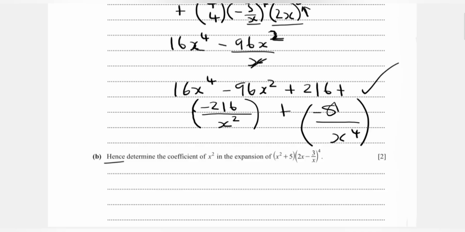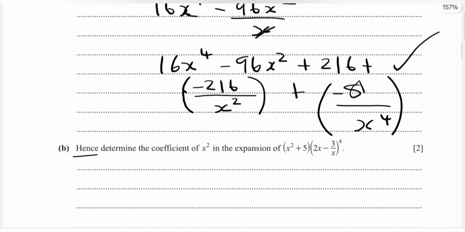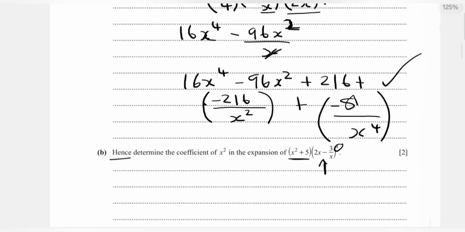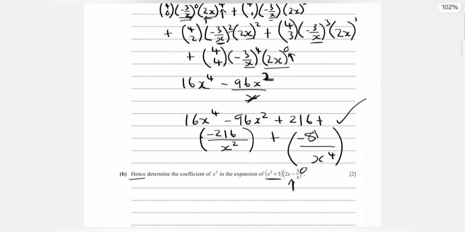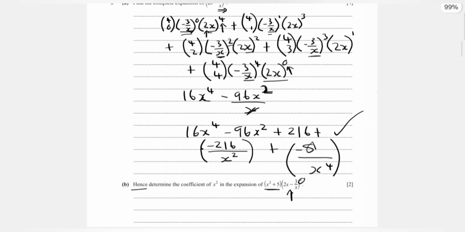And so to determine the coefficient of x squared for this whole thing, let's look at it this way. I'm going to do the longer method here. You can see that this is multiplying this to the power 4, but we've worked with (2x minus 3) over x to the power 4 when we were finding the complete expansion.